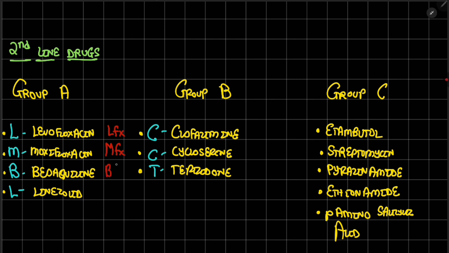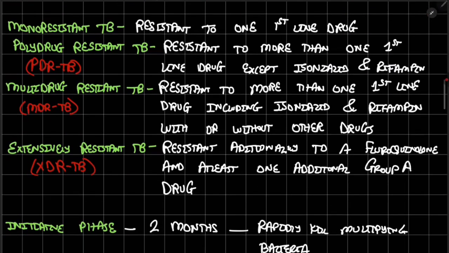Bedaquiline is written as BDQ and linezolid as LZD. Clofazimine is written as CFZ, cycloserine as CS, and terizidone as TRD. Ethambutol is written as capital E, streptomycin as S with brackets, pyrazinamide is written as Z, ethionamide is written as ETO, and P-aminosalicylic acid as PAS, all capitals.